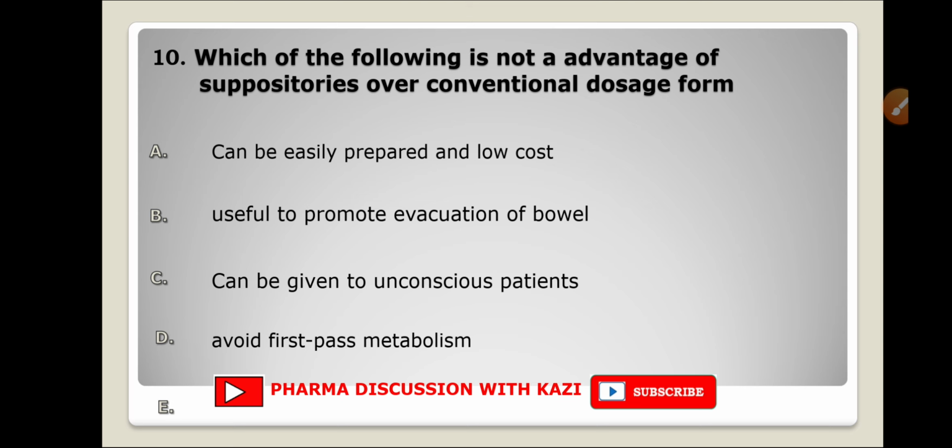Next question. Which of the following is not an advantage of suppositories over conventional dosage forms? The options are: it can be easily prepared and low cost, it is useful to promote evacuation of bowel, it can be given to unconscious patients, it can avoid fast metabolism.